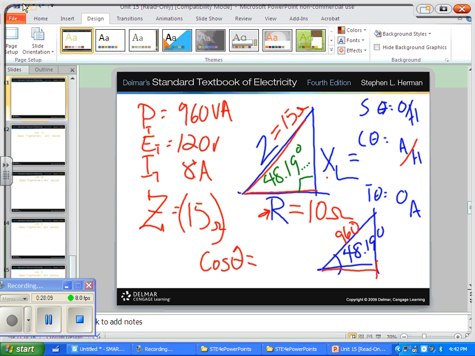Enter. What's it say? 0.6? That was our cosine before, wasn't it? 0.666? Oh, okay.